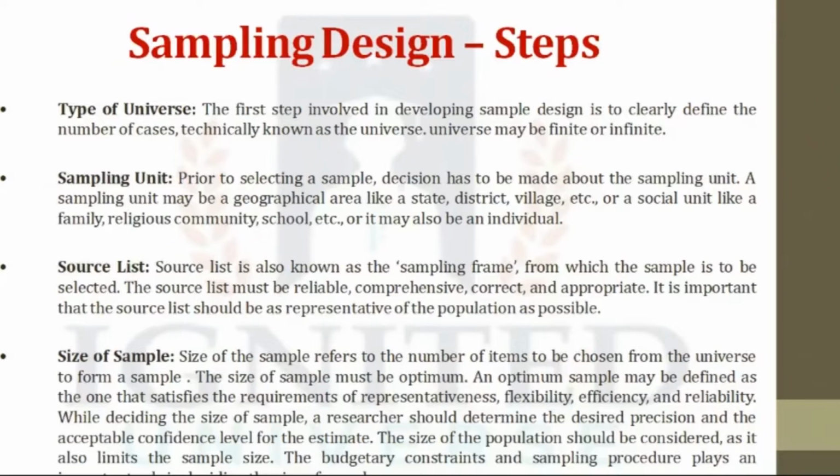Frames that have over-registration contain the target population units plus some additional units, whereas frames that have under-registration contain fewer units than the target population. For example, consider the case of a telephone directory. In this, we may have certain families that do not have landline telephones.